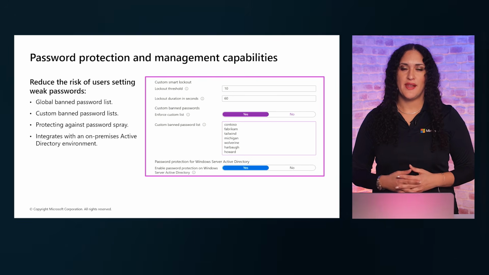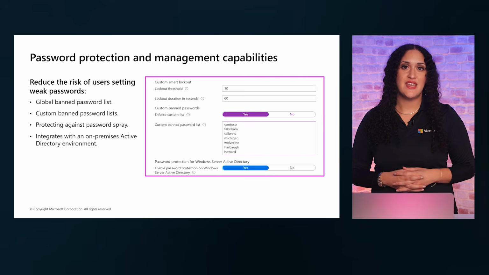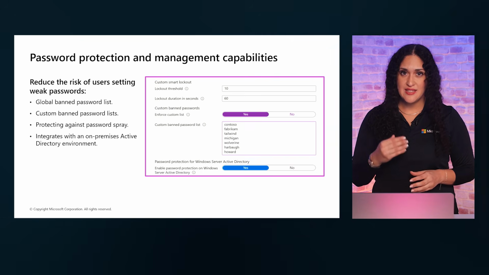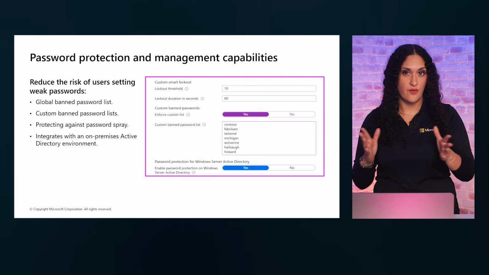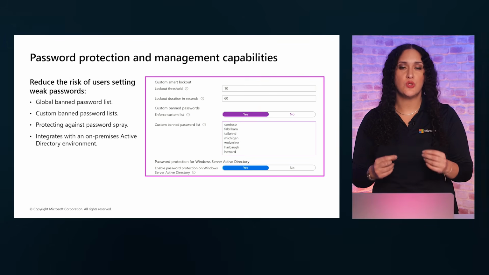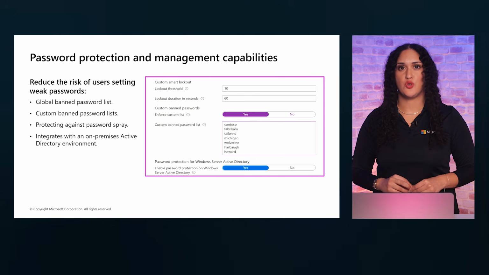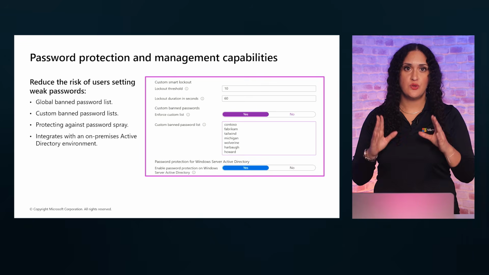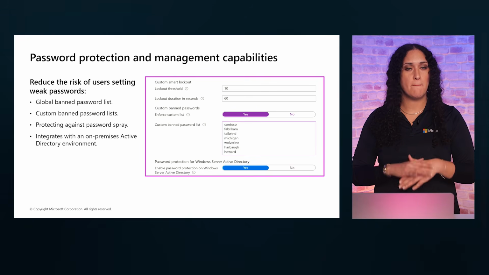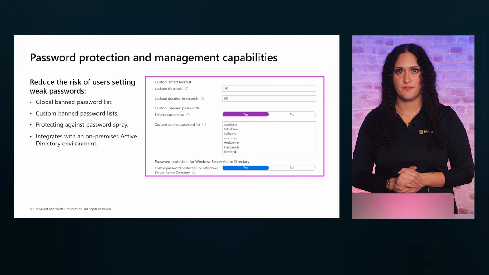Microsoft Entra ID applies a global banned password list that is always on and maintained by Microsoft using real-world attack data. This list detects common passwords and their variations, like simple substitutions or predictable patterns, and stops users from using them during password changes or resets. The goal is simple: reduce the risk of compromised accounts before the attack begins.